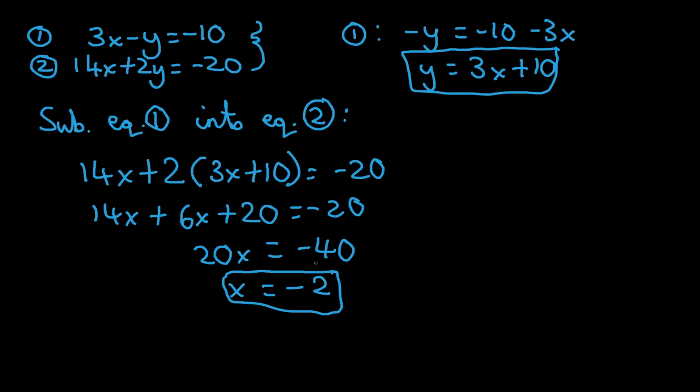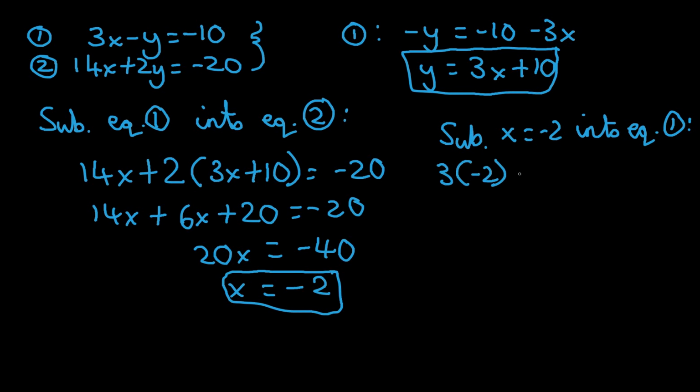If we now substitute this value of x equals negative 2 into our original equation 1, we can say substitute x equals negative 2 into equation 1. 3x, 3 times negative 2, minus y is equal to negative 10.